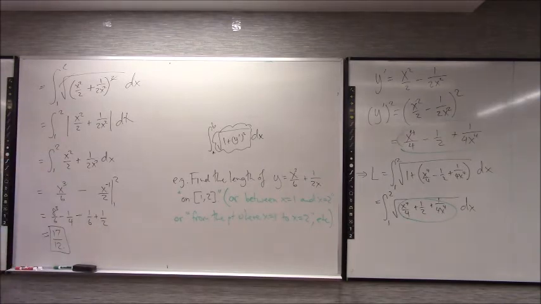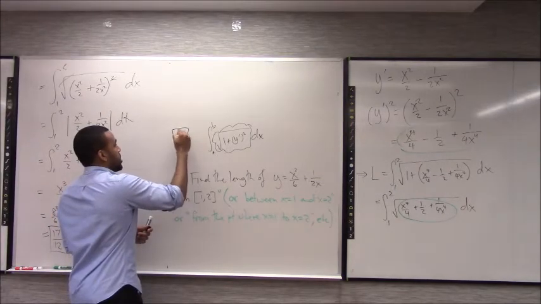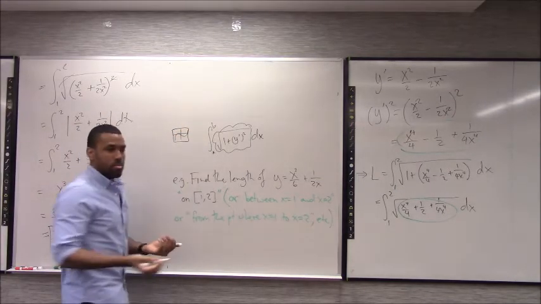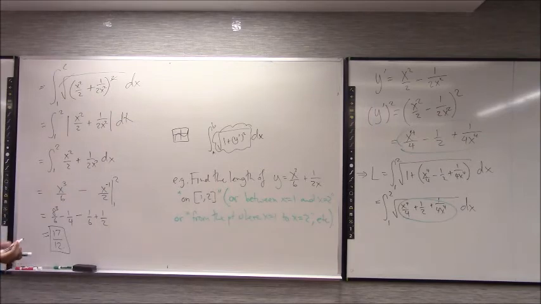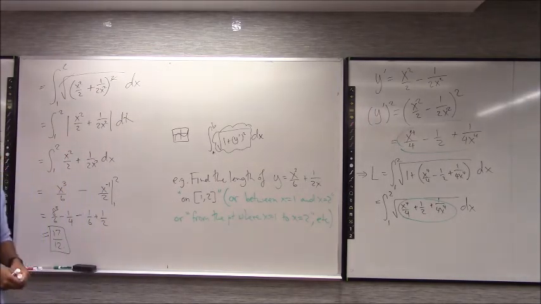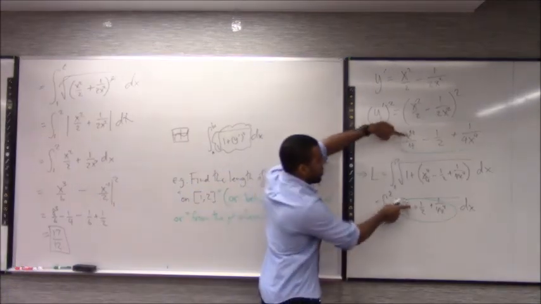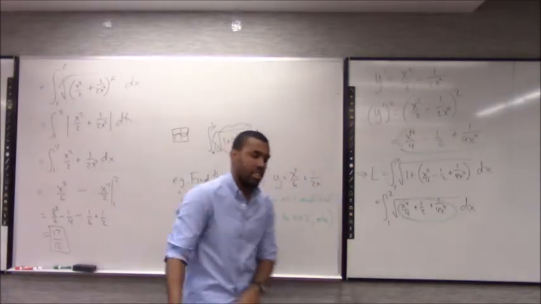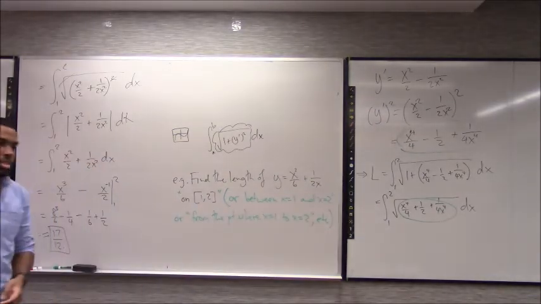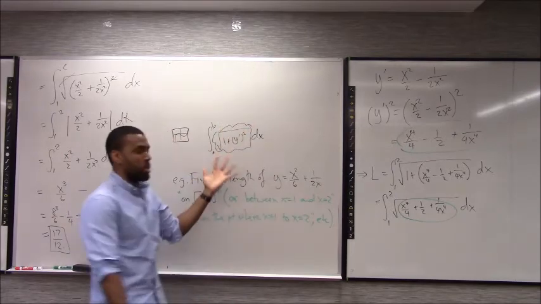So a lot of times in the textbook, problems say you can use a computer algebra system to solve, because the integral itself can be very messy. In the few instances where the integrals are nice, sometimes there are little tricks like this, some relationship between these two that you can take advantage of. But in general, it will be hard to find a function that makes this expression nice.